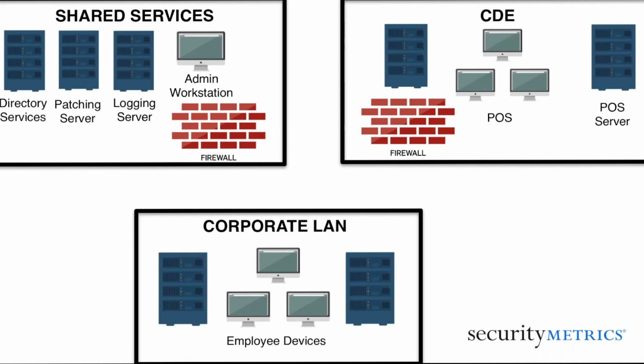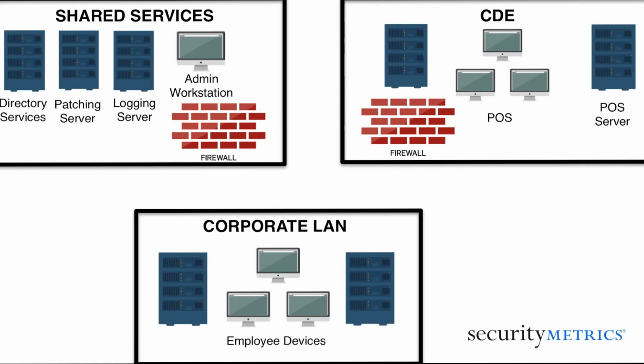So we're talking about domain name servers, DNS, domain controllers, JavaScript libraries, things of that nature. Anything that provides support to the CDE or a secure server, that if compromised could affect the security of it, you would want to include in a pen test.